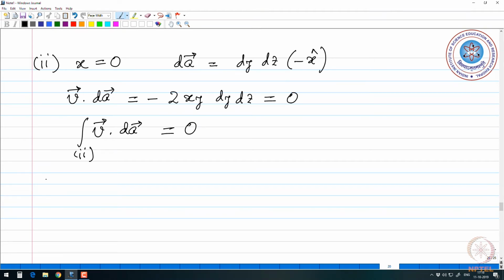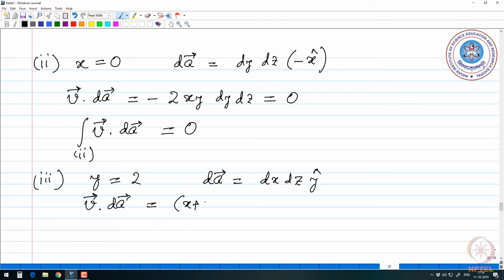Let's consider the third surface now. In the third surface, y equals 2 and dA is dx dz y cap. v dot dA can be obtained as (x plus 2) dx dz.